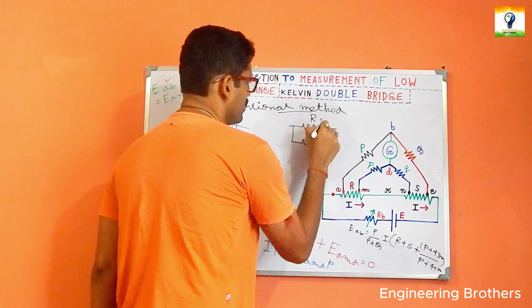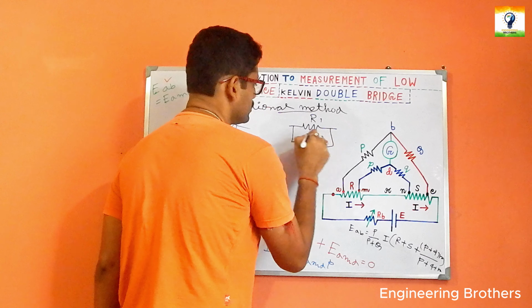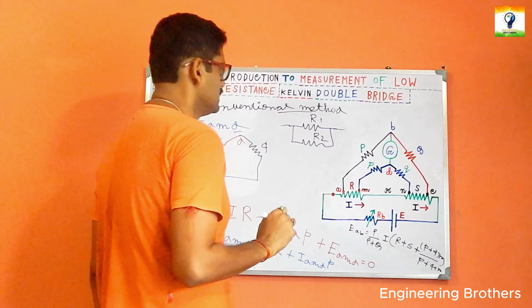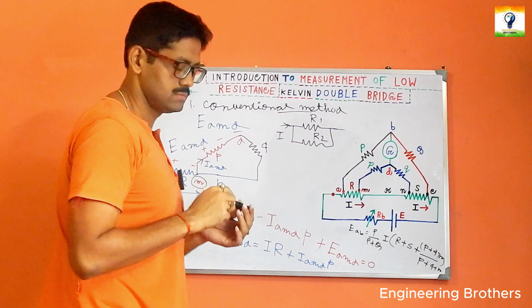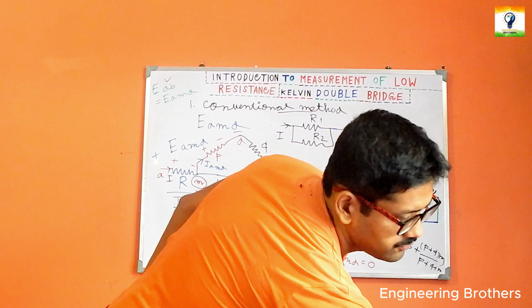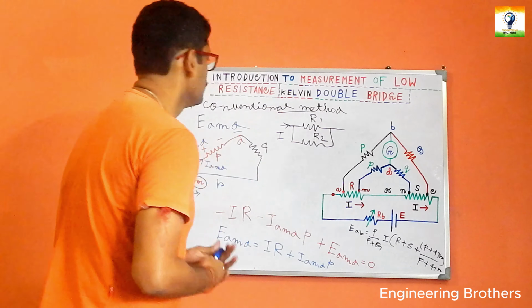Say we have two resistors over here. According to the current division rule, say we need to find the current I1. What is the value of I1?